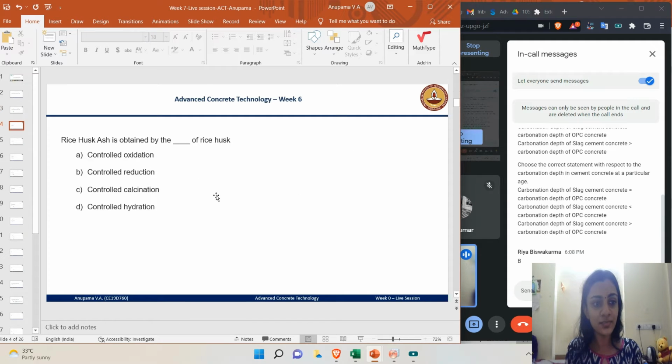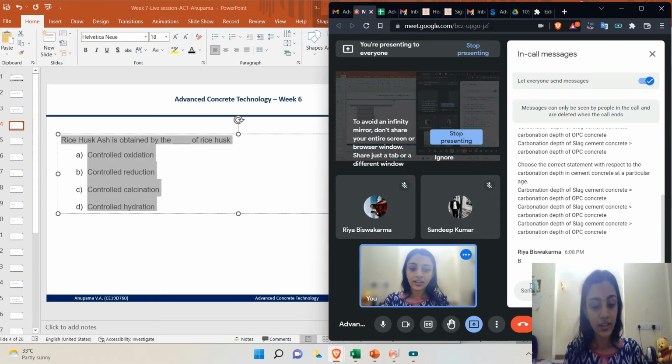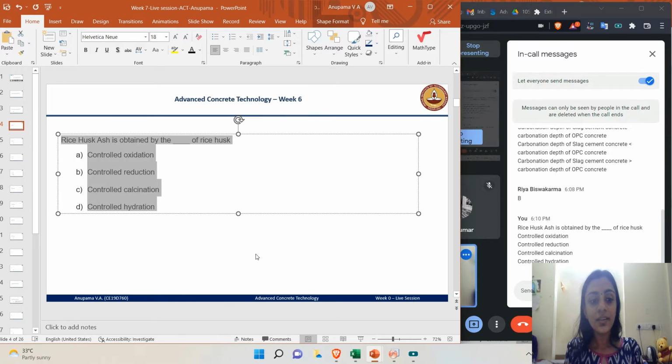Moving on to the next question. Rice husk ash is obtained by the dash of rice husk. Options are controlled oxidation, controlled reduction, controlled calcination, and controlled hydration.